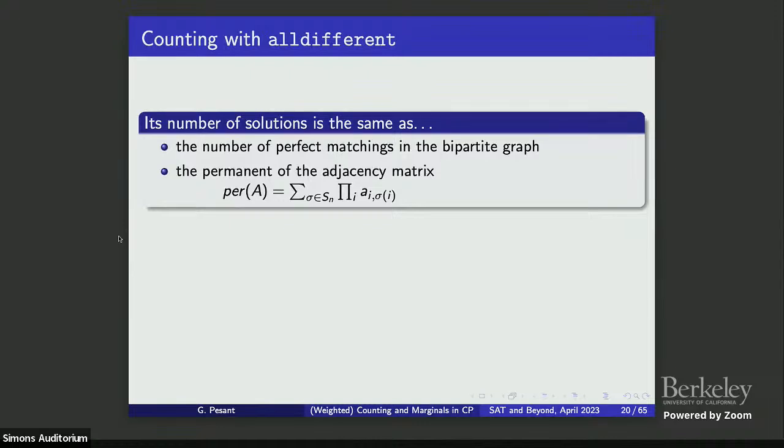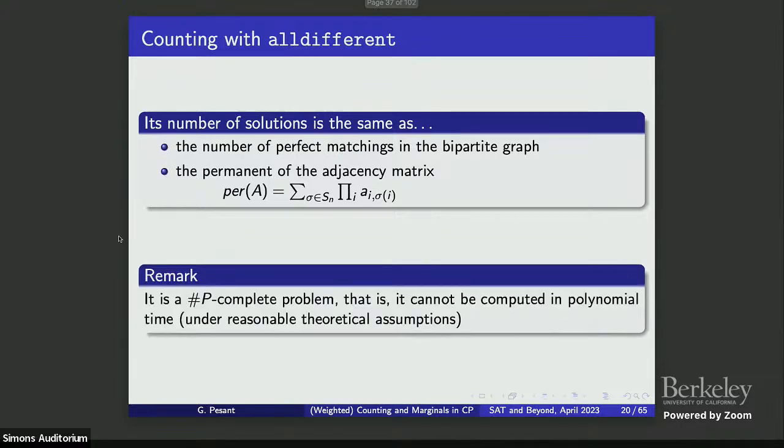That's equivalent on the adjacency matrix to computing the permanent of that matrix. And that's hard. I think someone said it was #P-complete. So you're out of luck. You can't solve it efficiently under reasonable theoretical assumptions.